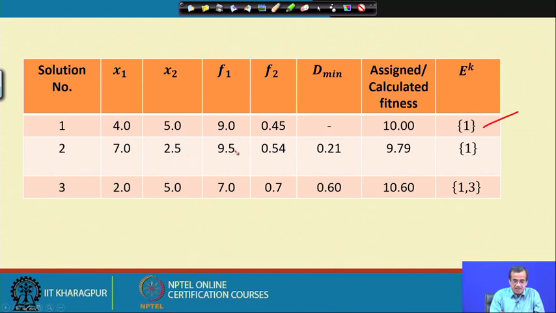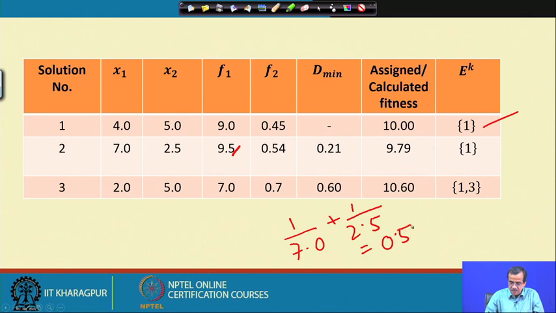So, this is 9.5, and f 2 is nothing but 1 divided by x 1 plus 1 divided by x 2, that means 1 divided by 7.0 plus 1 divided by 2.5, and if you calculate we will be getting 0.54. So, this is nothing but the value of the second objective.